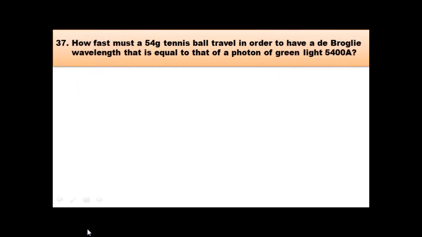The next question, question number 37. What is the question? How fast must a 54 gram tennis ball travel in order to have a de Broglie wavelength that is equal to that of photons of green light, 5400 Angstrom? So we are going to calculate the velocity of the ball. So what is the given?